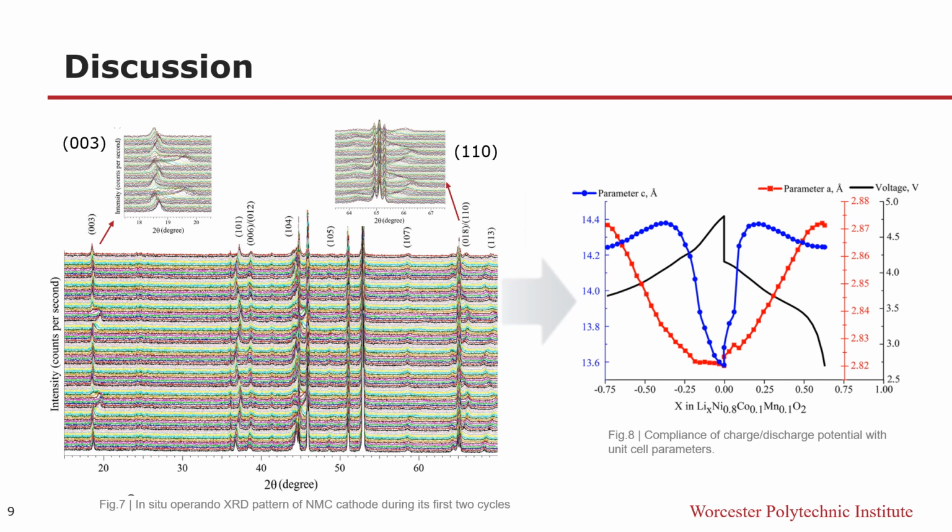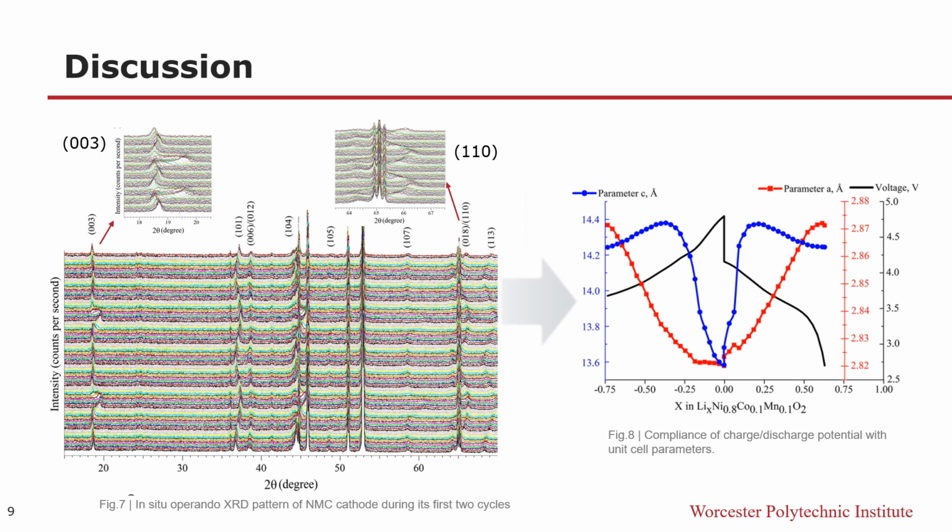Parameter C continues to decrease for the same reason as in the second stage. The fourth stage matches the beginning of the discharge. Parameter A gradually increases throughout the discharge due to reduction of transition metals. Parameter C increases since lithium ions stabilize the structure by filling the vacancies of transition metals.